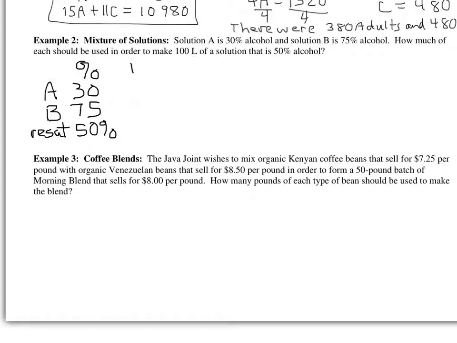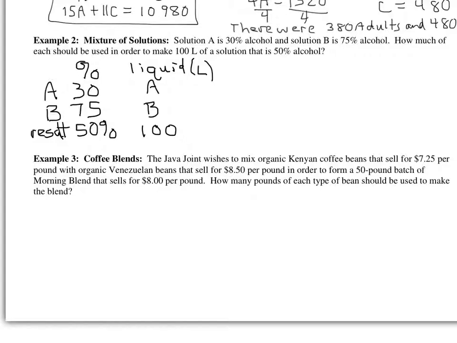So the amount of liquid that we have, we'll say A liters of the A liquid and B liters of the B liquid. We will mix those together and we will get 100 liters in our resulting mixture.